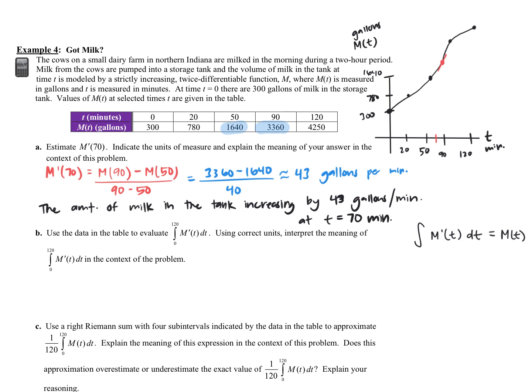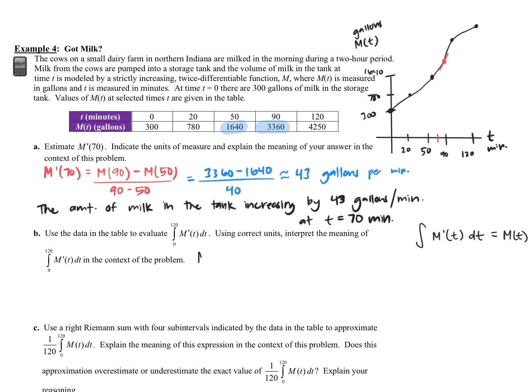So really what I'm going to find for this problem is m of 120 minus m of 0. I can grab those values from our table up there. When I plug those in, I end up getting 4250 minus 300, which gives me 3,950.